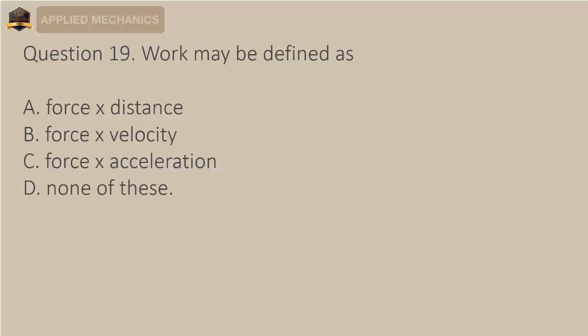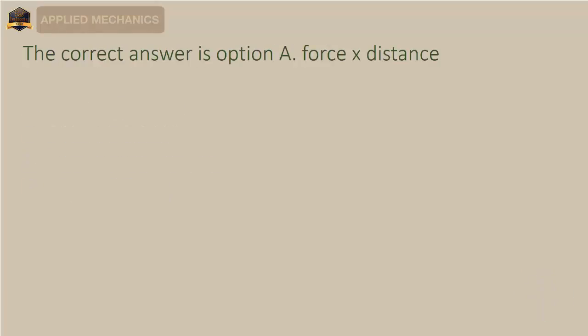Question 19. Work may be defined as A. Force x distance. B. Force x velocity. C. Force x acceleration. D. None of these. The correct answer is option A, force x distance.